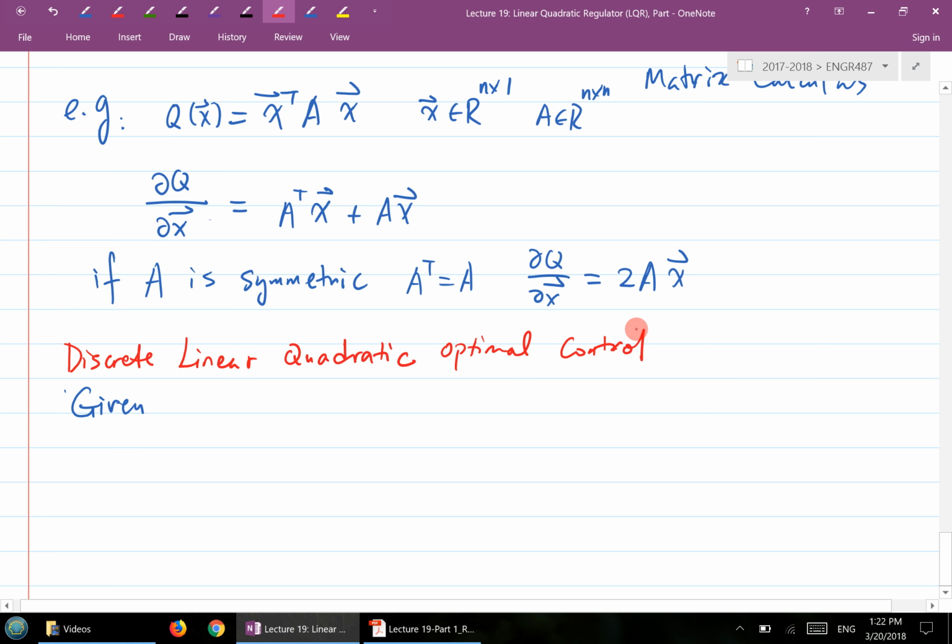Okay, so first of all, I'm going to write down the system that we've been always working with. Here's our system.